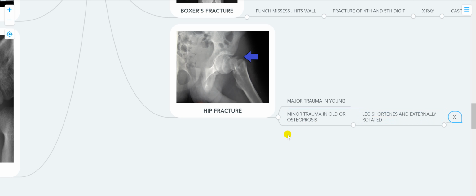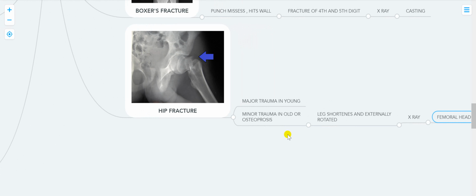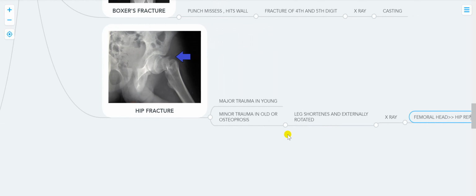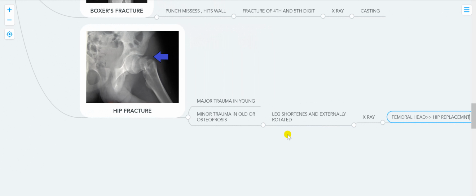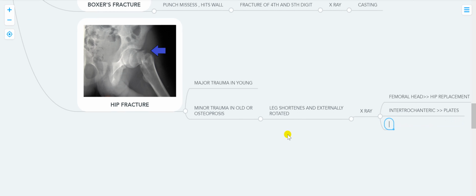How do you diagnose that? X-ray. How do you treat that? If it's a femoral head fracture, hip replacement. If it is an intertrochanteric fracture, then you do plates. If it's a shaft fracture, then you do rods.